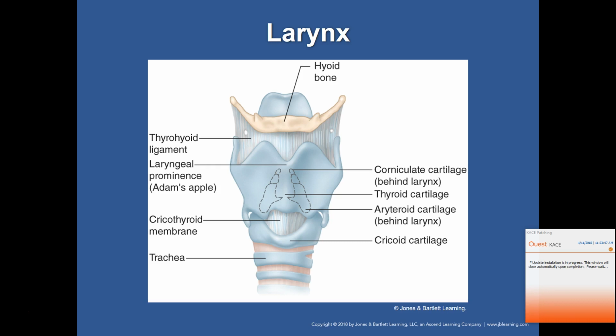Okay, so we've got the cricoid cartilage that's down here. We can see it down here at the bottom. I'll bring my pencil up so I can draw on it. Got the cricoid cartilage down here. Got the thyroid cartilage up here.